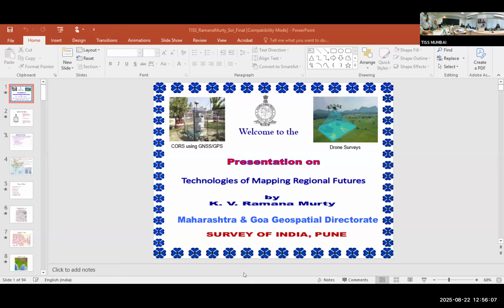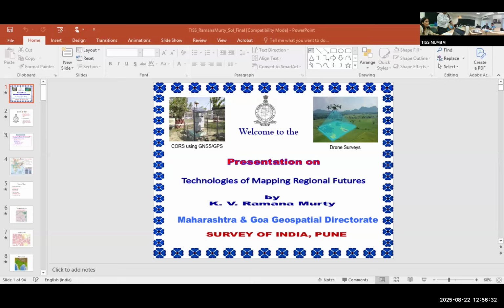Connect the internet. I think the net is connected already. This mouse is not connected.